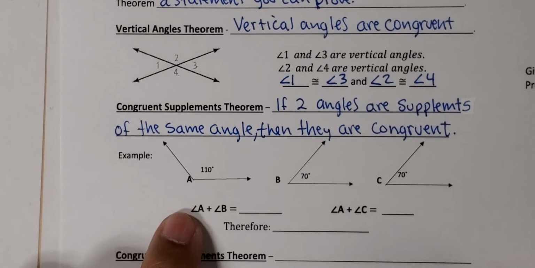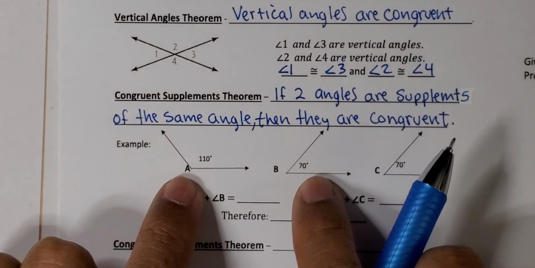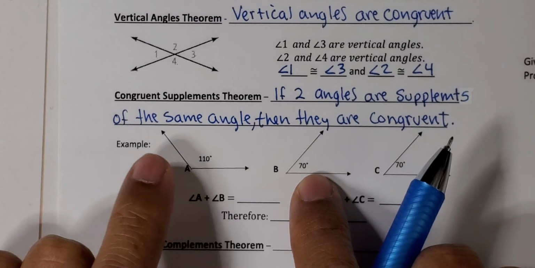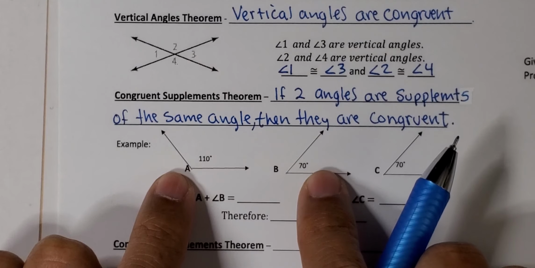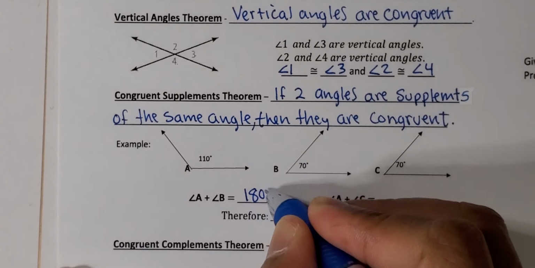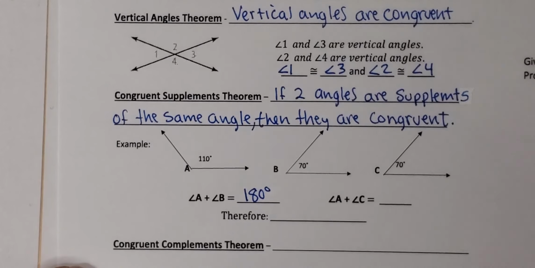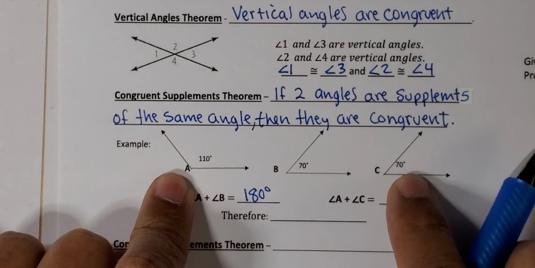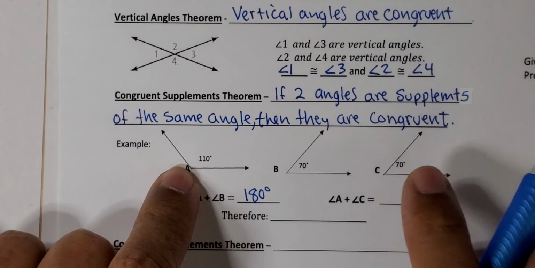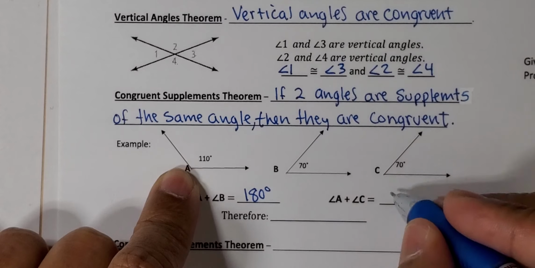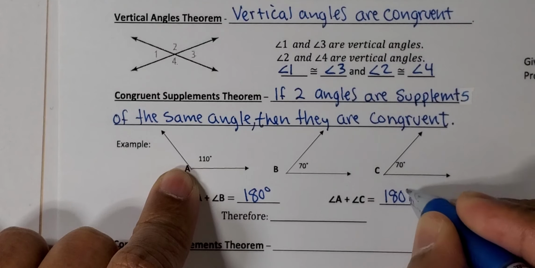Okay, so look at these two angles here, angle A and angle B. Angle A has a measure of 110, angle B has a measure of 70. If you add angle A plus angle B, the sum is 180, which means they're supplementary angles. But also if you look at angle A and angle C, angle A is 110, angle C is also 70. So if you add angle A plus angle C, the sum is also 180 degrees.